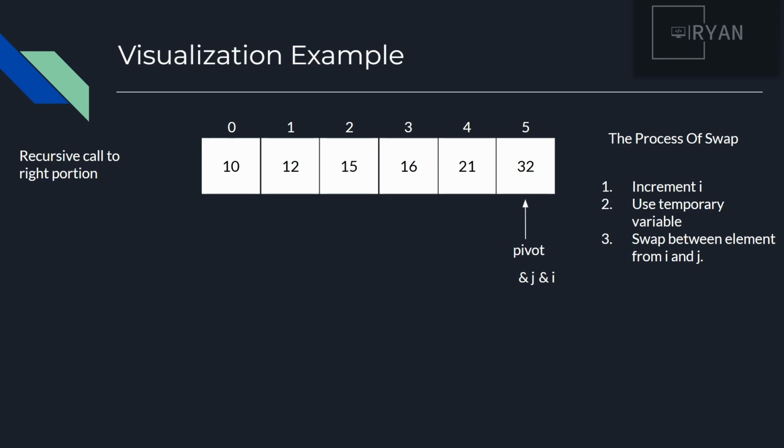When J finishes scanning the array, we will swap the pivot with the element I plus 1. This step will place the pivot in its correct sorted position in the array, just like how 16 got its place in our first recursive call, and how other elements follow to do the same thing.